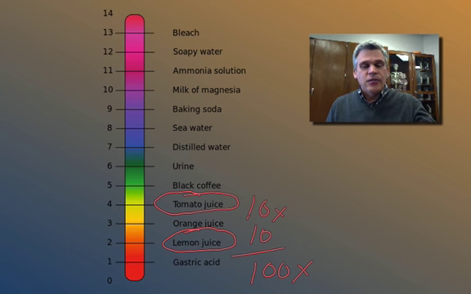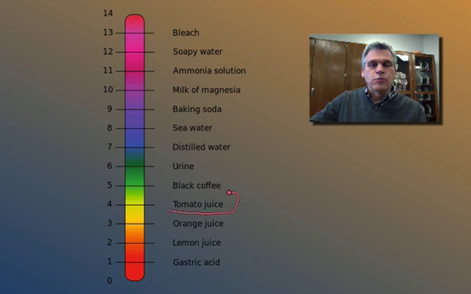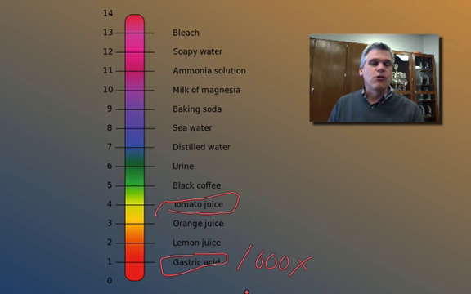And if we look at gastric juice, which is the juices found in your stomach, if we compare that to tomato juice with a pH of 4, gastric juice at a pH of 1 is now 10 times 10 times 10, or 1,000 times stronger acid than tomato juice.